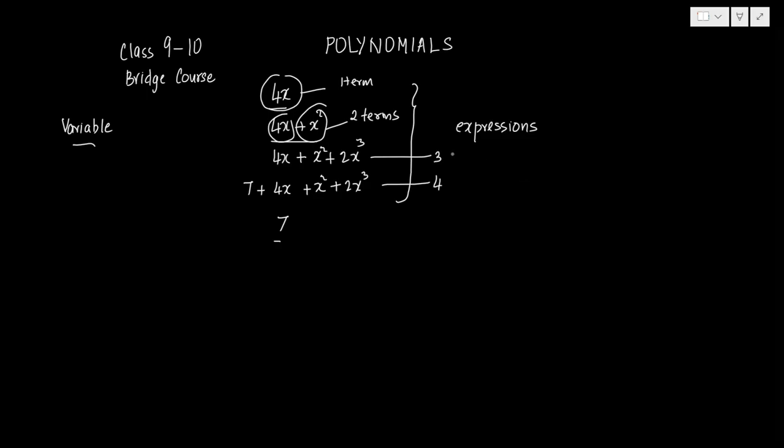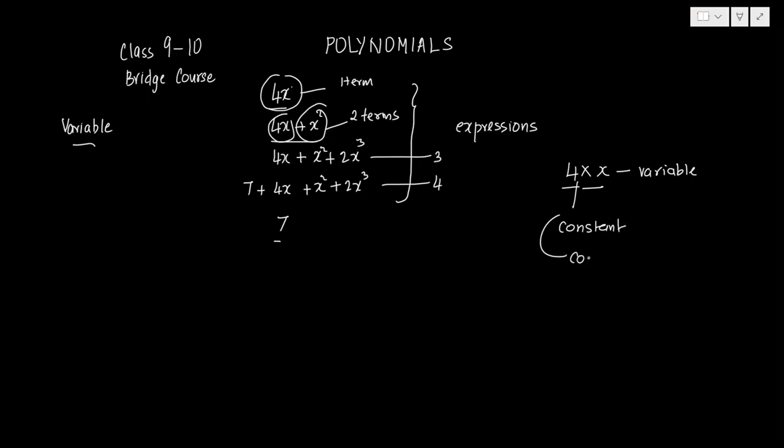And what is meant by a term? A term is just a part of an expression which is simply a variable into a constant. If you take 4x, which is 4 into x, x is called the variable, and 4 is a constant value, but there is a specific term for that.